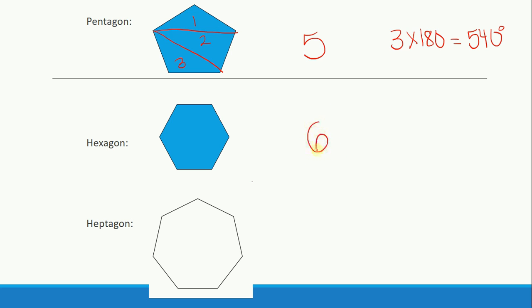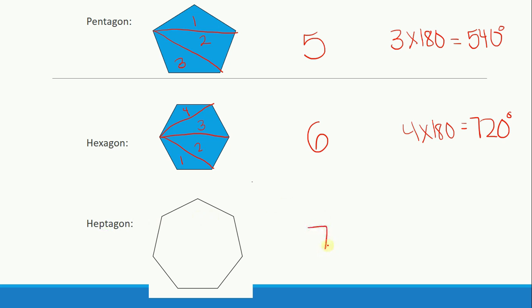Hexagon, that has 6 sides. Let's see how many triangles I can draw. I go 1, 2, 3, can't draw there, so I got 4 triangles. So 4 times 180, I will get 720. Heptagon, you'll also see this called a septagon, depending on who you talk to.